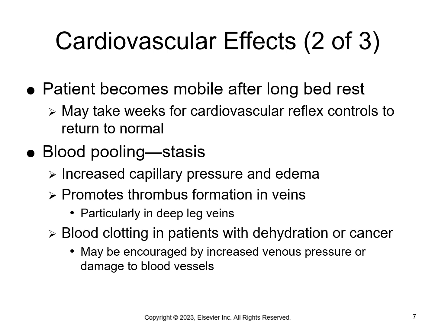In patients with cancer or dehydration, there's an increase in the coagulability of the blood, so the chances of blood clots is even more likely. Virchow's triad is venous stasis, hypercoagulability, and blood vessel damage, and increases the chance of DVTs or deep vein thromboses. And of course, with blood clots, we worry about them breaking off and leading to a pulmonary embolism or a stroke or a heart attack.